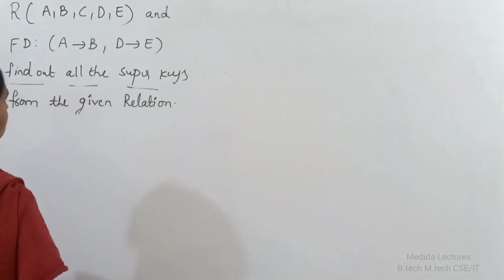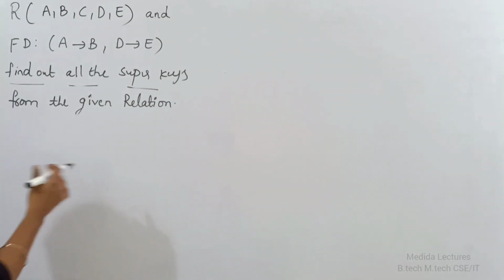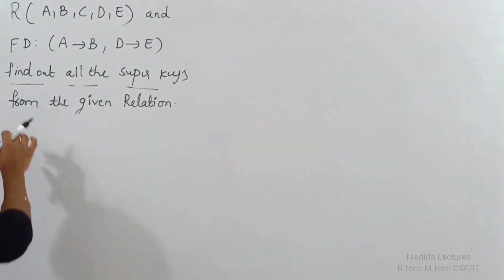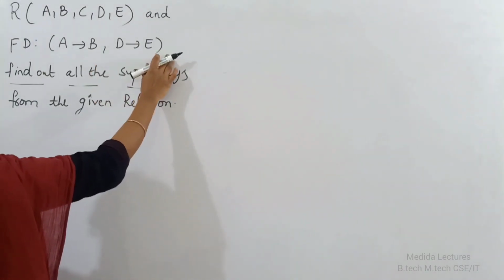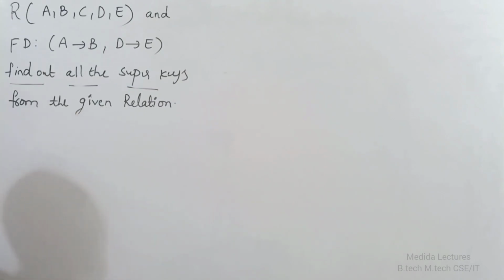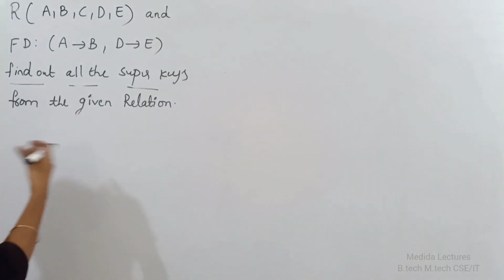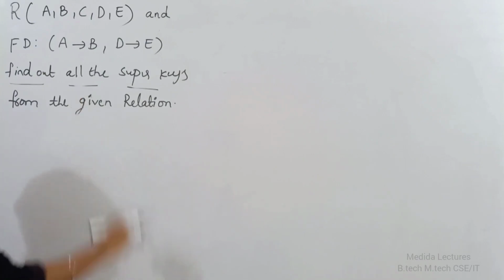First, identify a super key from the given functional dependencies, and from that super key we identify all the super keys. That is the procedure you have to follow.